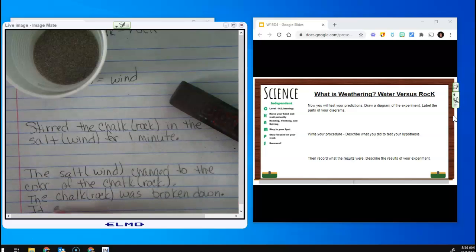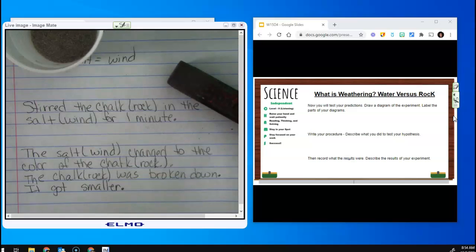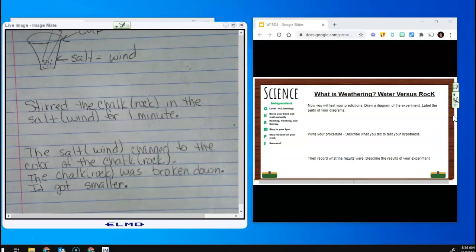It got smaller. I am going to give you 2 minutes on that one, and then we're going to hit submit, submit. Set a 2-minute timer. Okay, 2 minutes and counting.